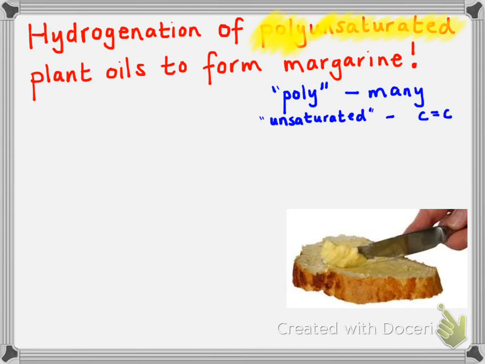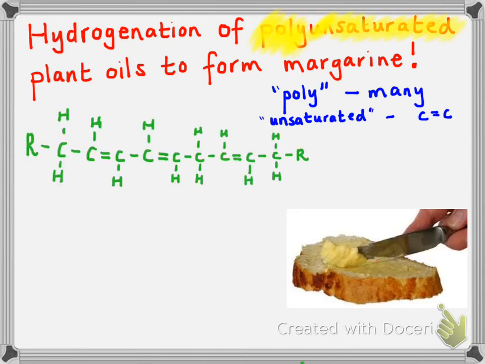So if we look at a particular type of plant oil, notice I have an R on the end. That means that the chain just continues for a certain number of carbons. But you can see in that chain, this particular one I've drawn has got 1, 2, 3 double bonds. So it's got many double bonds, which means that it's polyunsaturated.